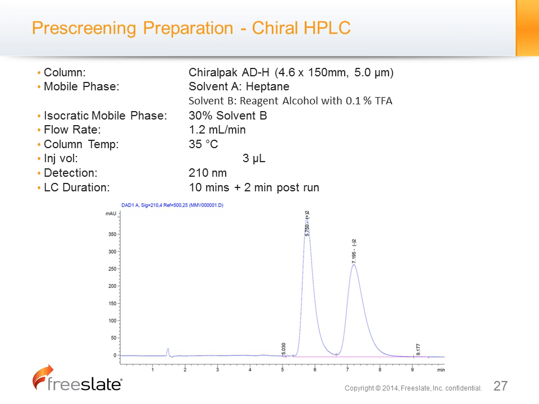Another thing we need to do is prepare the chiral HPLC. Typically, when the experiment is given to us, there is some chiral analytical method available already. We can adopt that particular method, but a lot of times the method is fairly long, and we try to shorten it as much as we can because we have to do a lot of analyses, since there are a lot of conditions we would like to analyze.